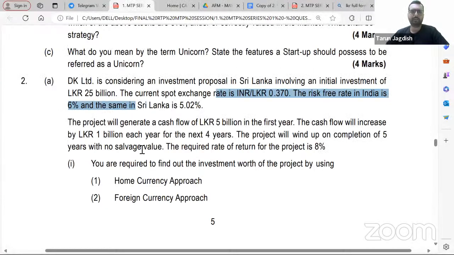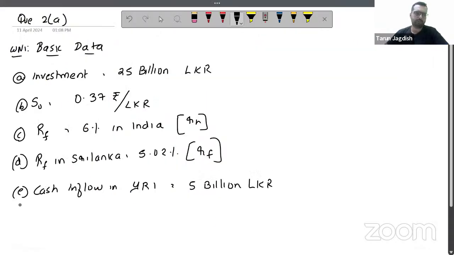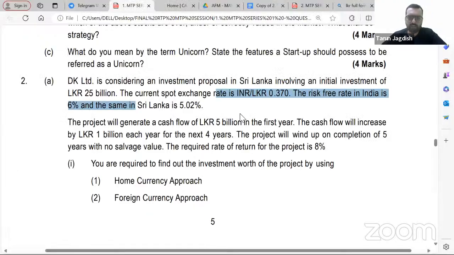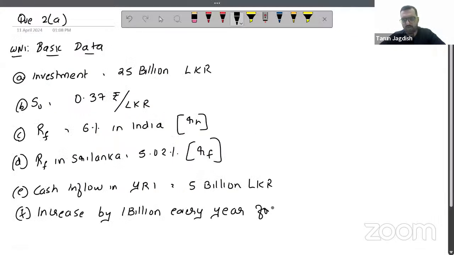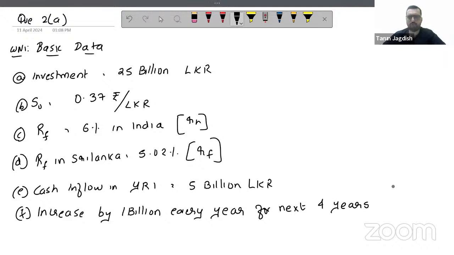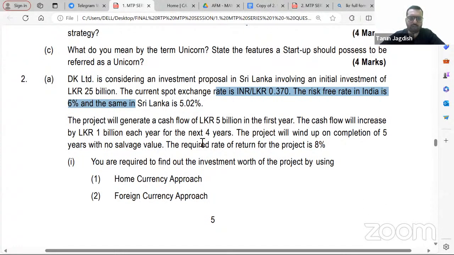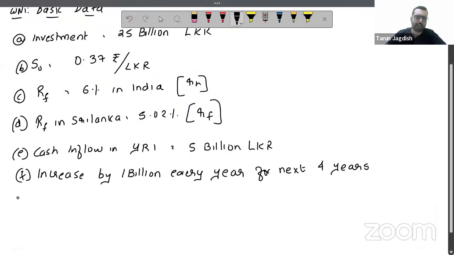And then it will increase by LKR 1 billion each year for the next 4 years. The project will wind up on the completion of 5 years with no salvage value.